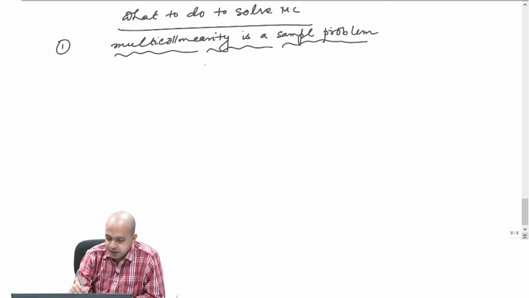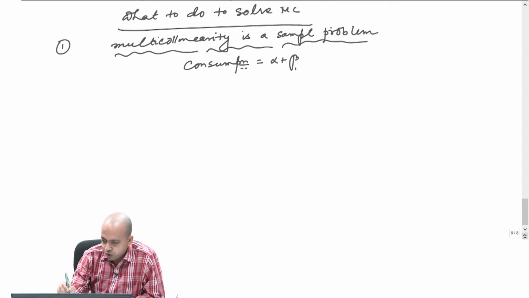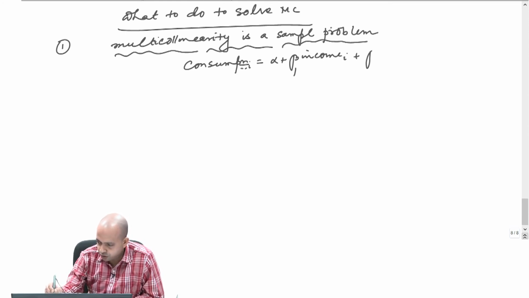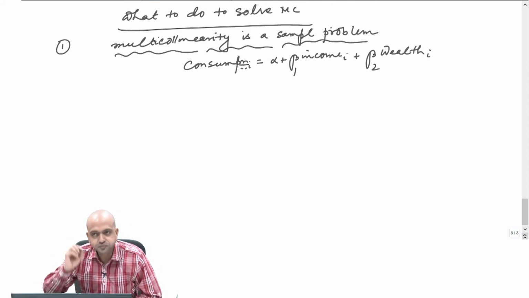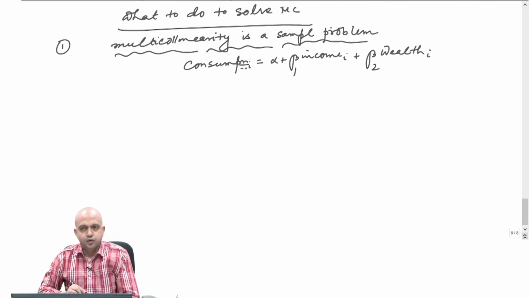I will explain this. Let us say that your model is consumption equals alpha plus beta 1 income plus beta 2 wealth.